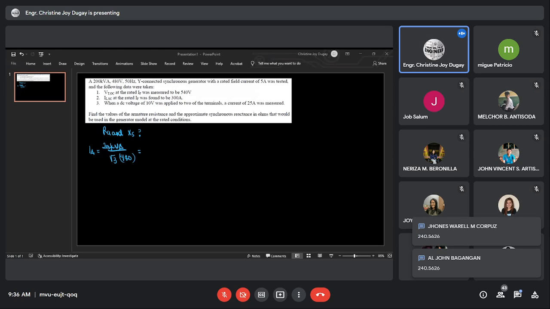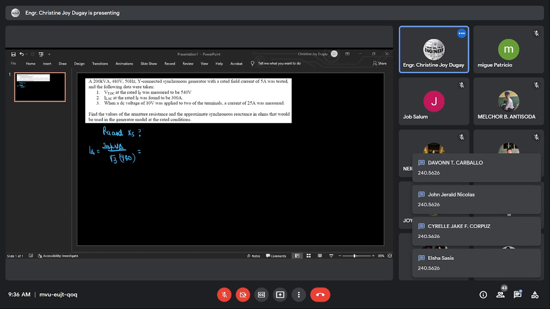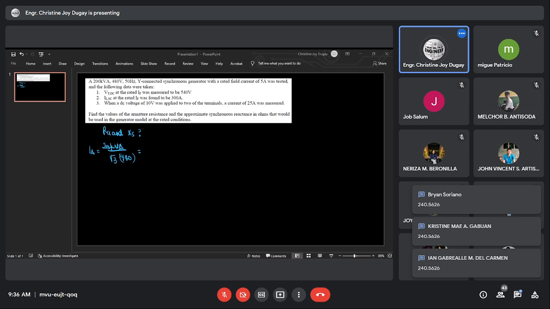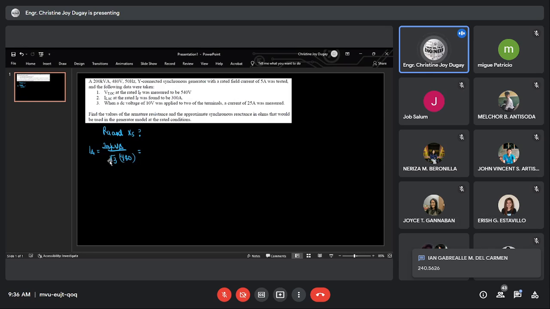IA, that can be solved from... Saglit lang, bakit square root of 3?